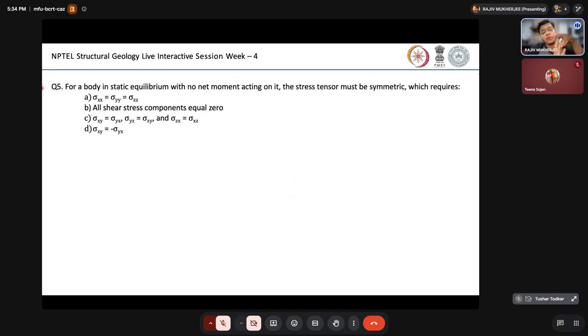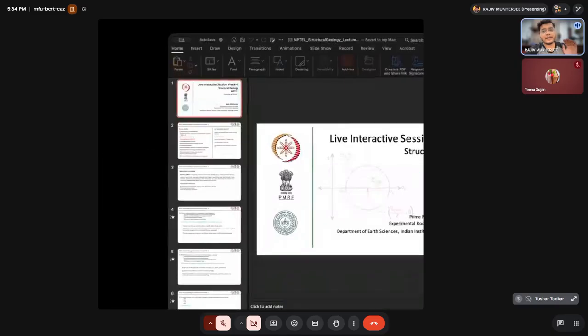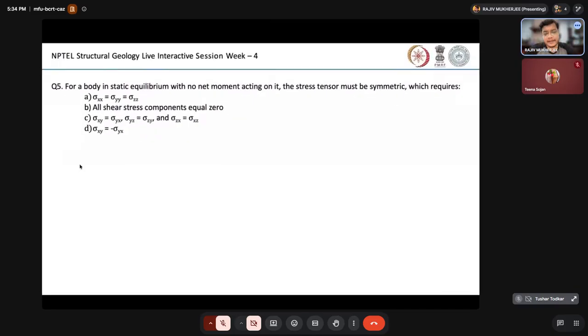Why not option D? Because there is a negative sign. Yeah, but a negative sign would cancel each other, right?